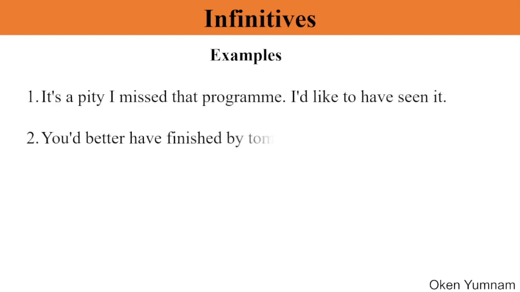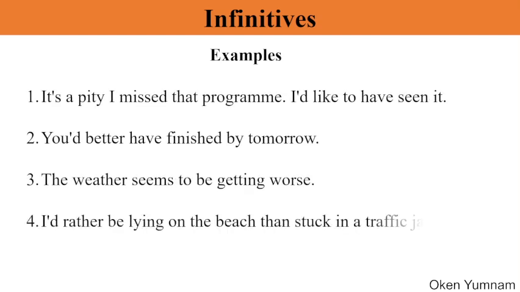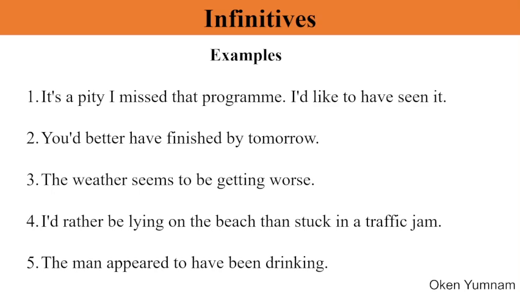Let's see more examples here. Let's identify the infinitives here. The first one: it's a pity I missed that program. I'd like to have seen. Yes, here, to have seen. This is a perfect infinitive. Number two: you'd better have finished, have finished. This is a perfect infinitive in the bare form. Number three: the weather seems to be getting.